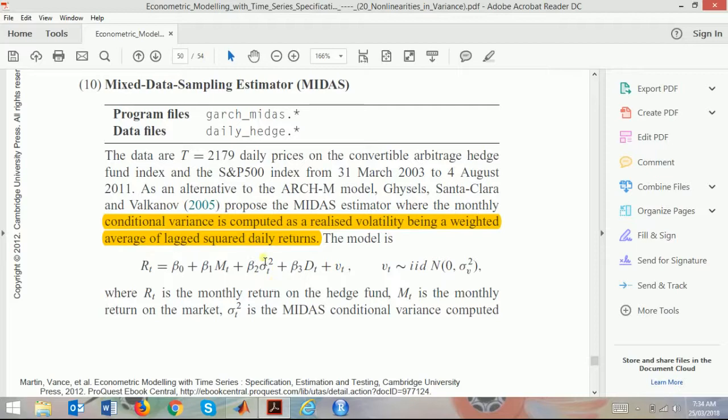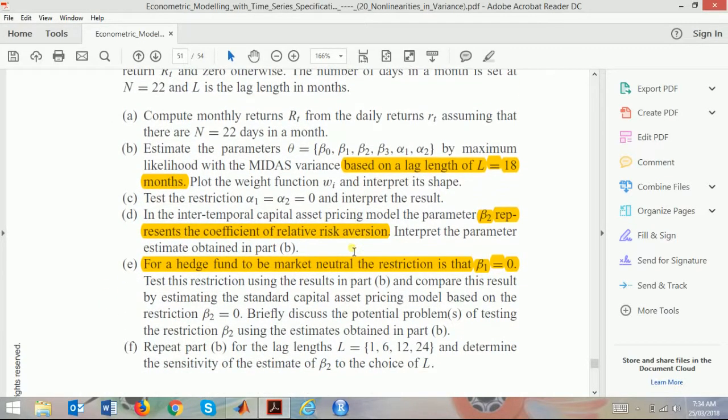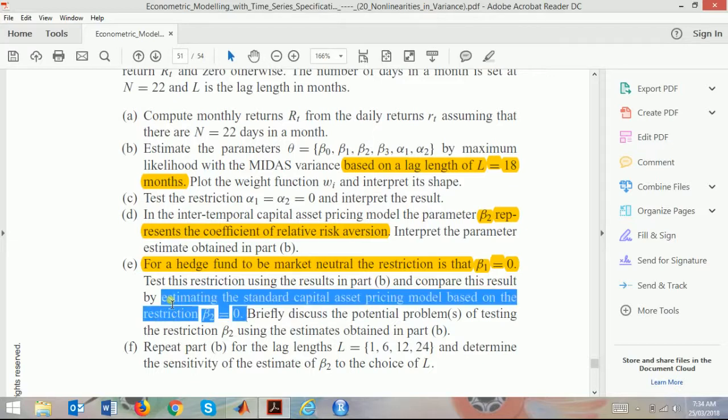The conditional variance is here, and beta 2 captures risk neutrality or risk aversion. Test the restriction using the result in part B and compare. When we set beta 2 equals 0, that means people are risk neutral.